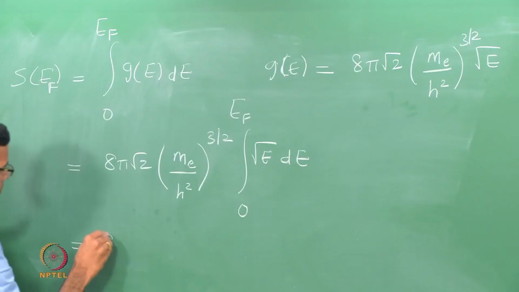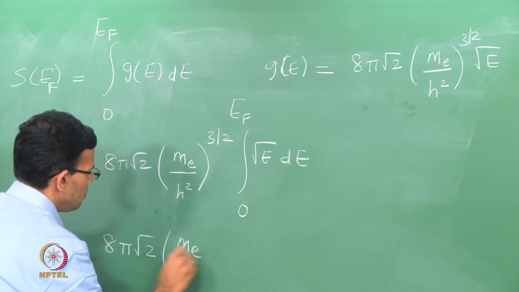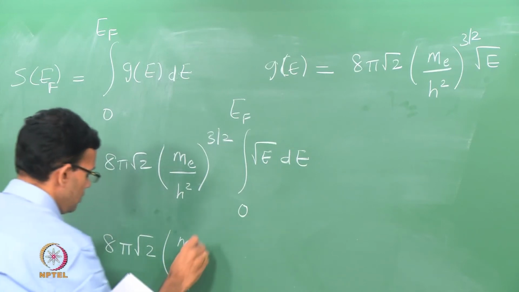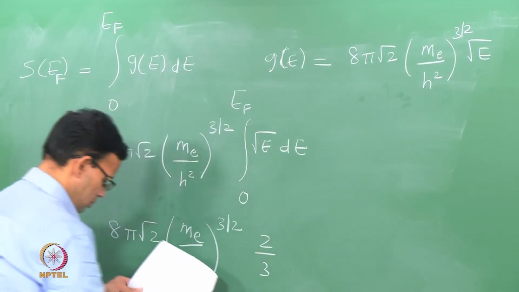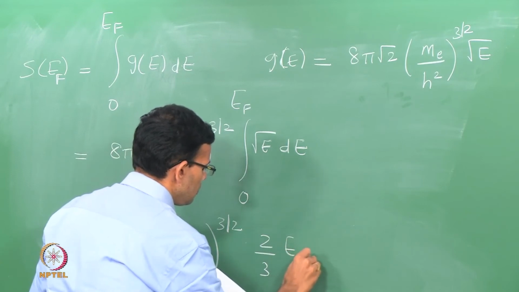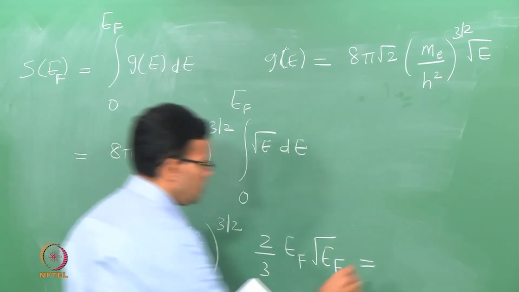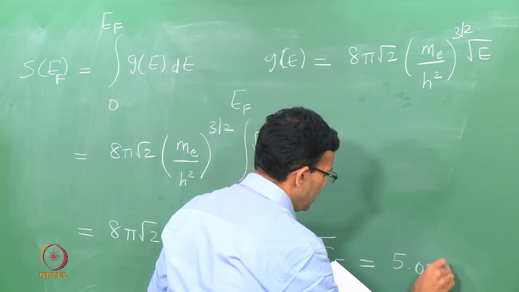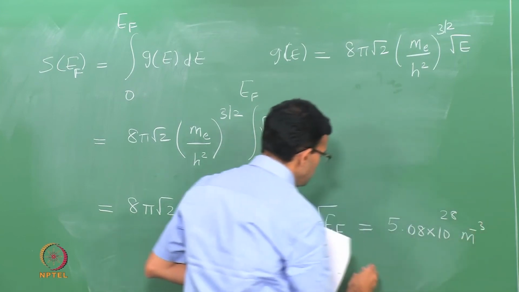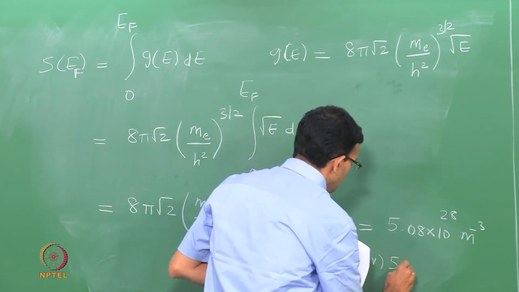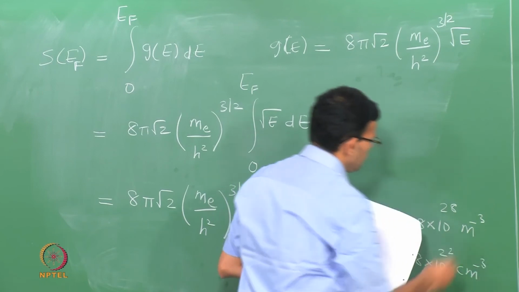If you do that, which if you calculate is 5 times 10 to the 28 states per unit volume per meter cube, or 5 times 10 to the 22 if you write it in centimeter cube.